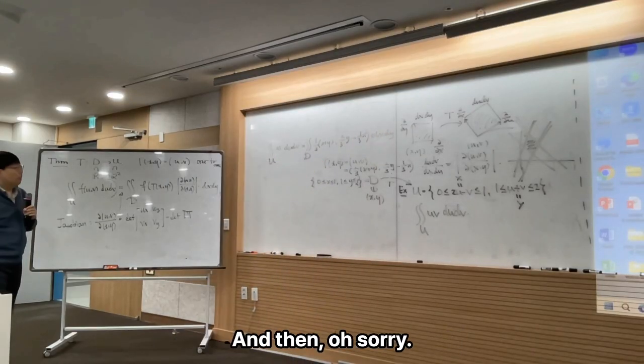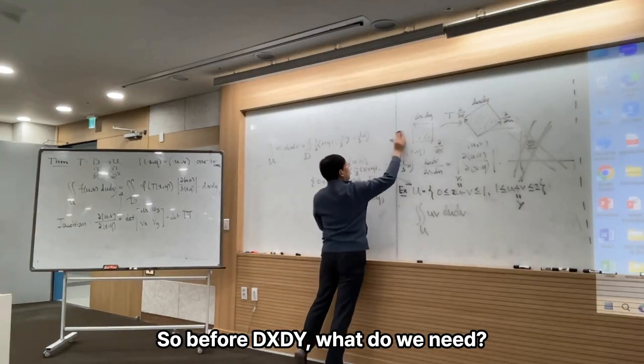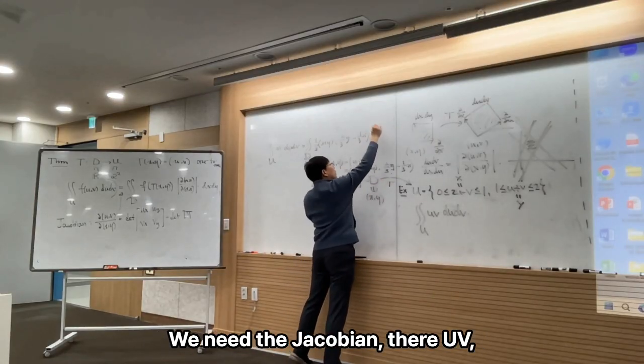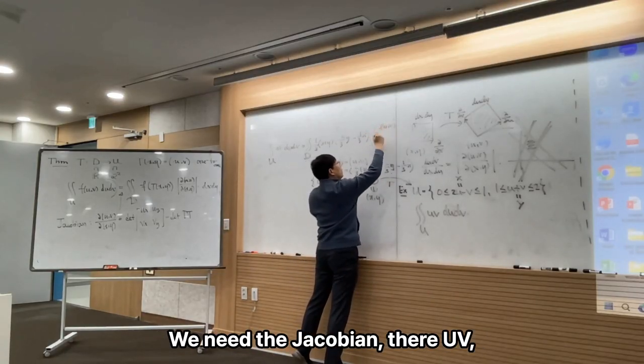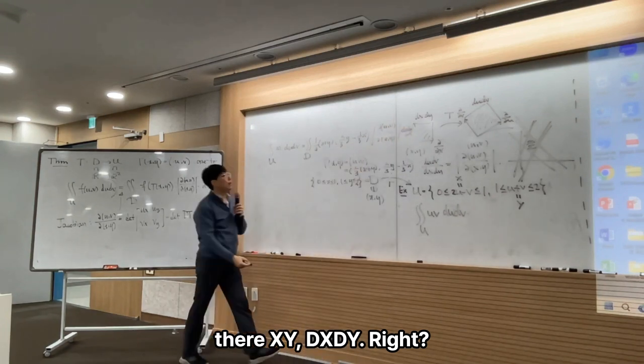Before dx dy, what do we need? We need the Jacobian, from u, v to x, y.